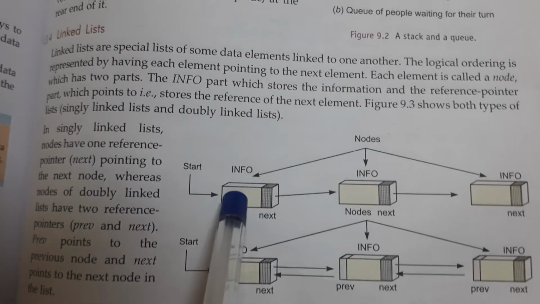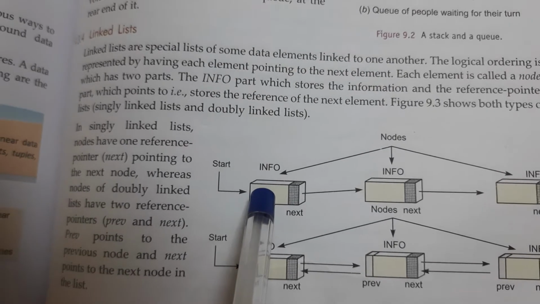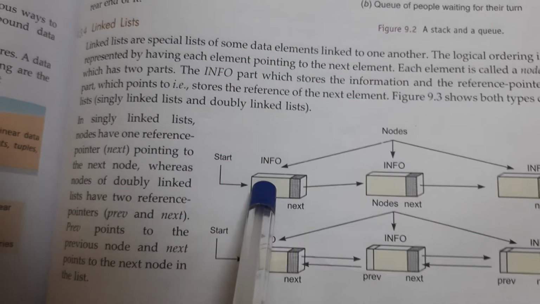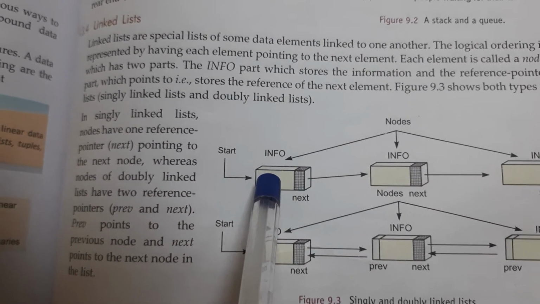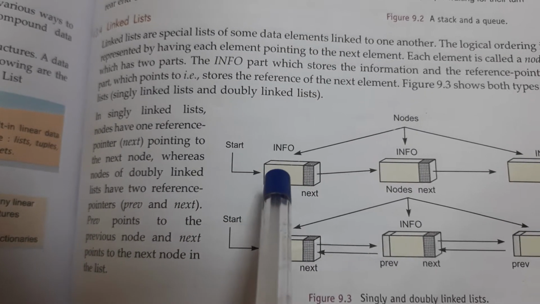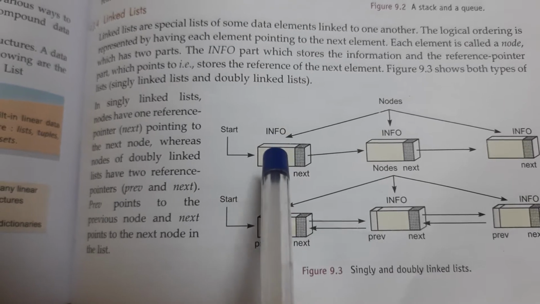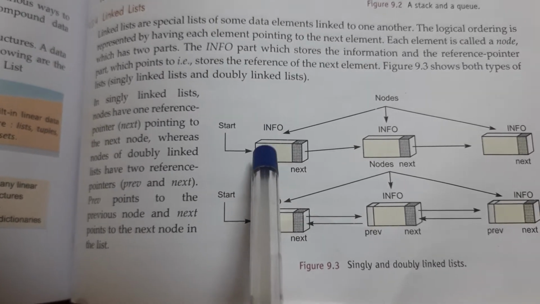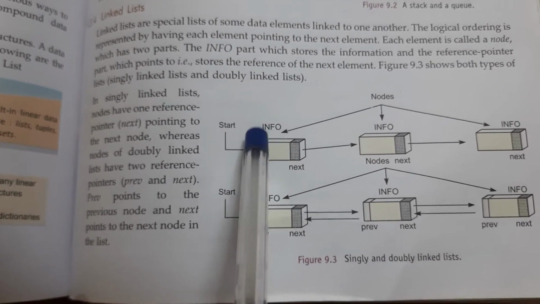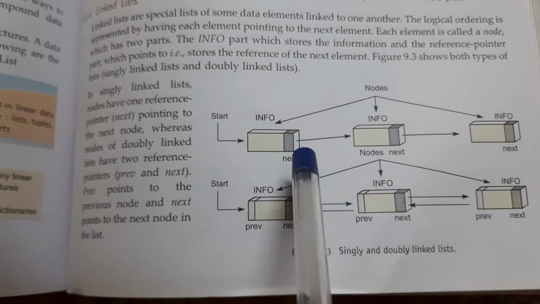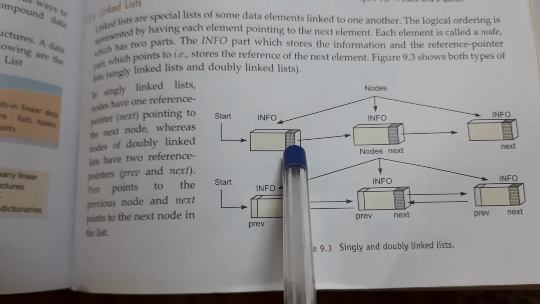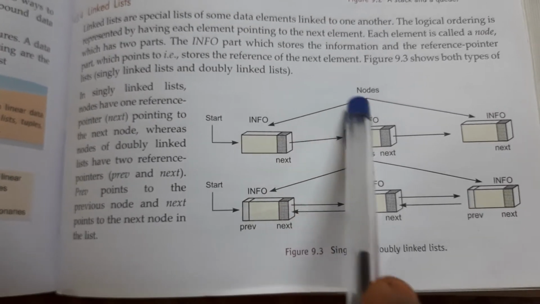In whatever OOP language this technique comes, this data structure chapter is only the theory part. Info means, suppose I want to store the value 10 here, then 10 is the info. What is this next? This represents the address of the next element.